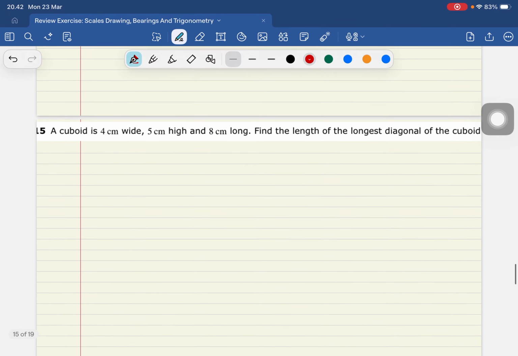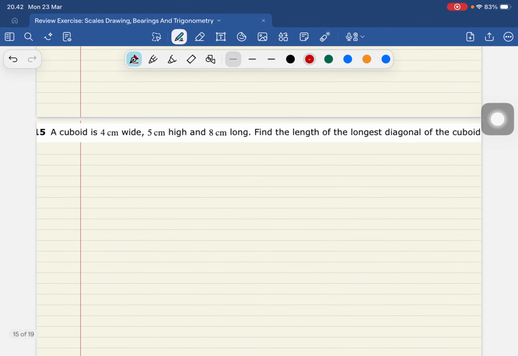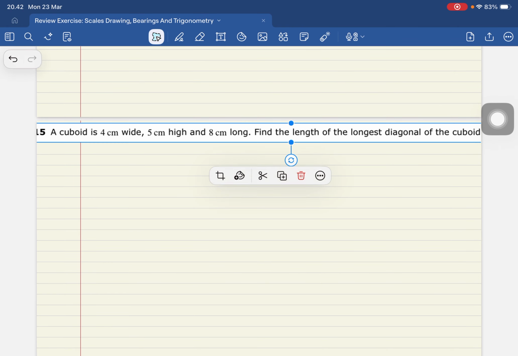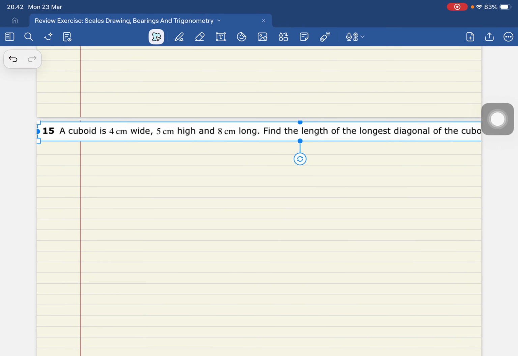Okay, question 15, a cuboid. Okay, we got the cuboid. The cuboid has a width of 5 centimeter and then 8 centimeter long. Then find the longest diagonal of the cuboid.